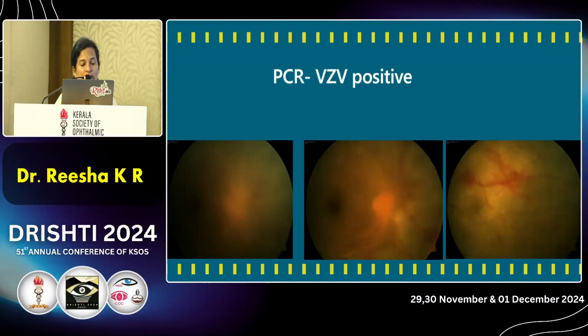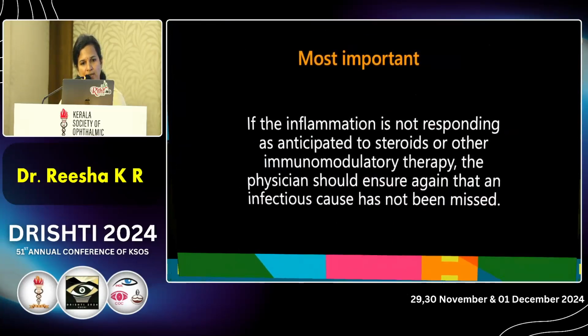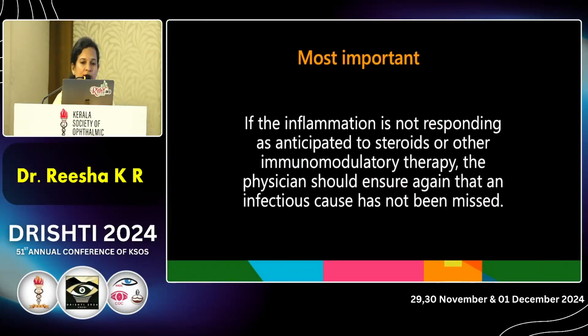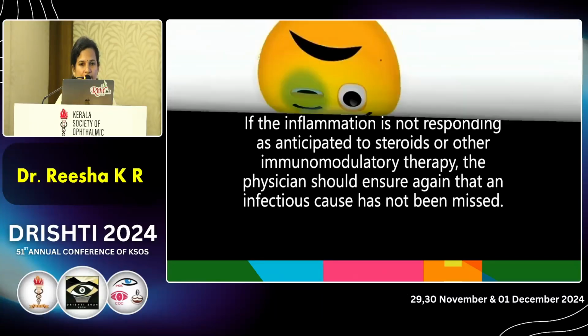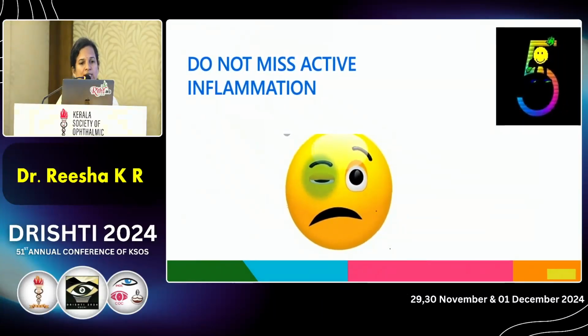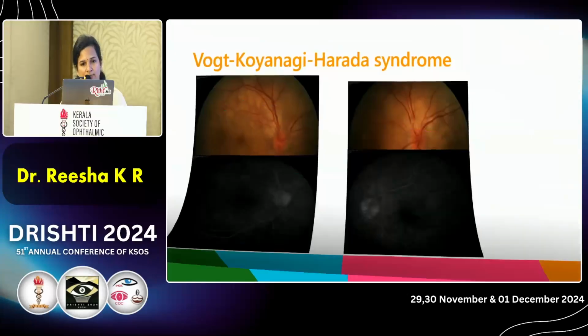Whenever you are not able to find anything because of severe vitritis, go for PCR so that you won't miss any viral retinitis. If the inflammation is not responding as you expect to steroids or other immunomodulatory therapy, again ensure that an infectious cause is not missed. And do not miss an active inflammation.